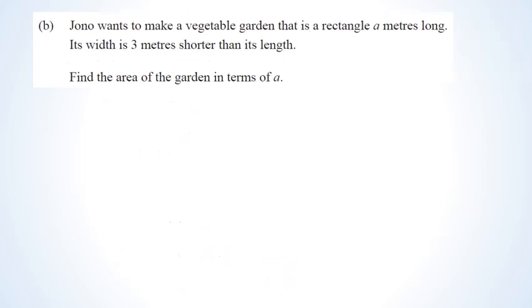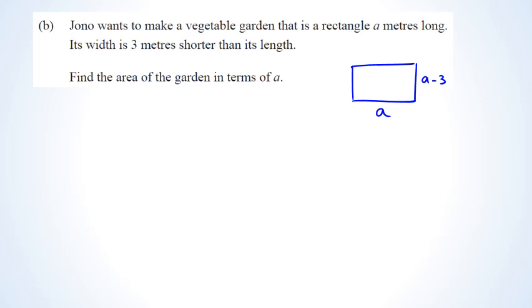Next question. In this one, Jono wants to make a vegetable garden that is a rectangle. So I'm just going to draw a quick little rectangle here, which is a meters long. So the length is a. Its width is 3 meters shorter than its length. So if it's shorter than its length, I can say it's going to be a minus 3.